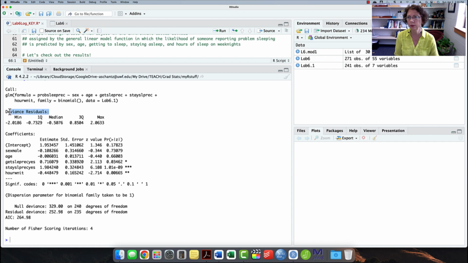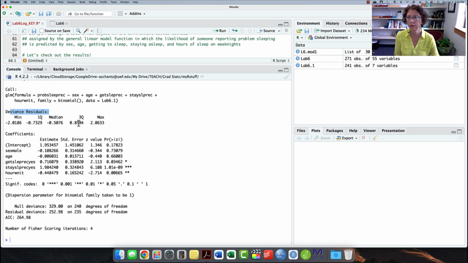Here, deviance residuals. Deviance means how far different the model was from the real data. So it's an indicator of how off track the model is, when it's saying how well does this model represent the data that we have here.